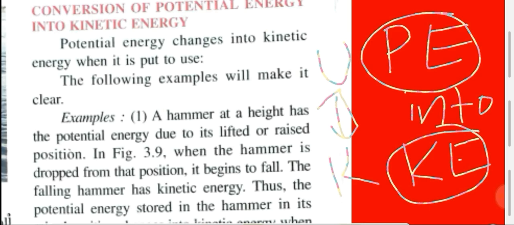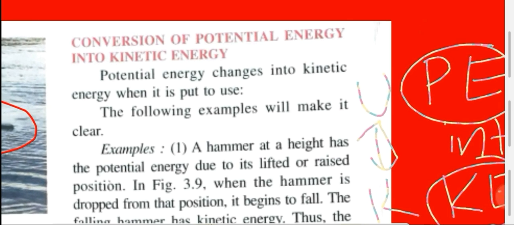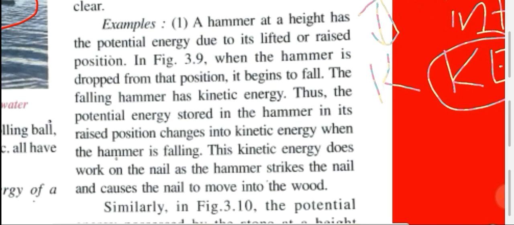Okay, students. Now, potential energy changes into kinetic energy when it is put to use. The following examples will make it clear. The first example is a hammer at a height.